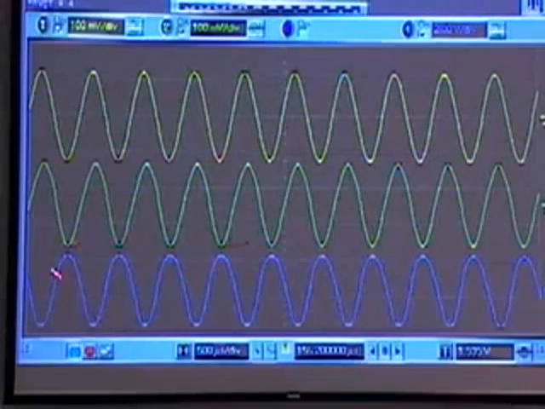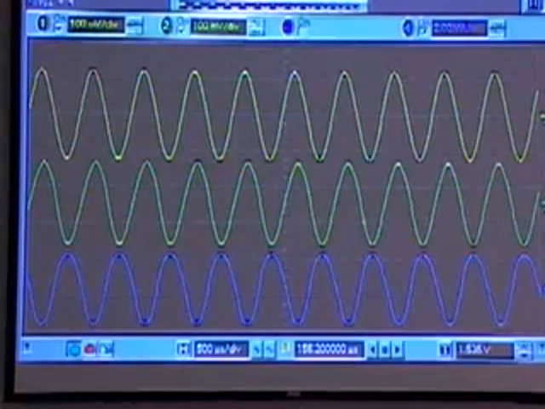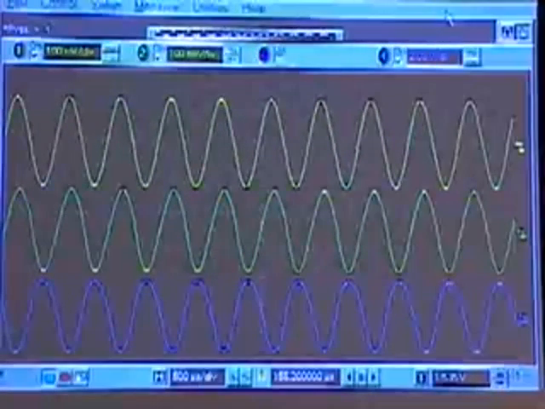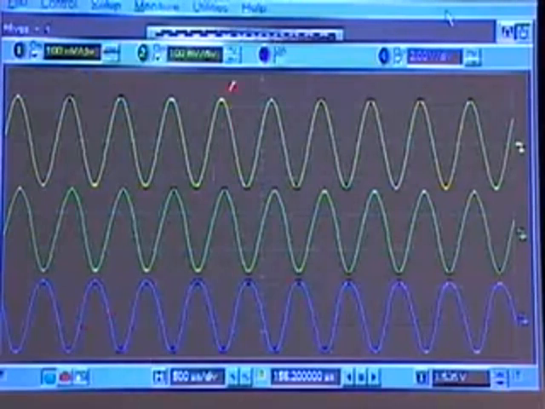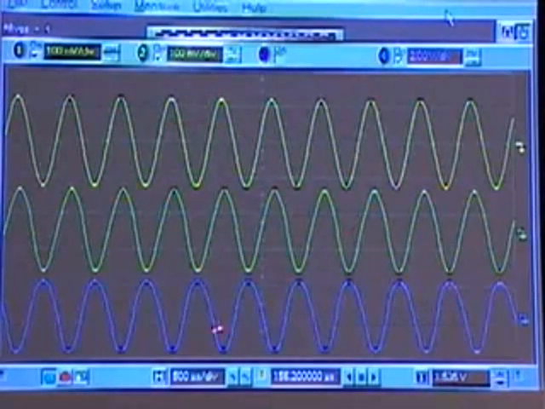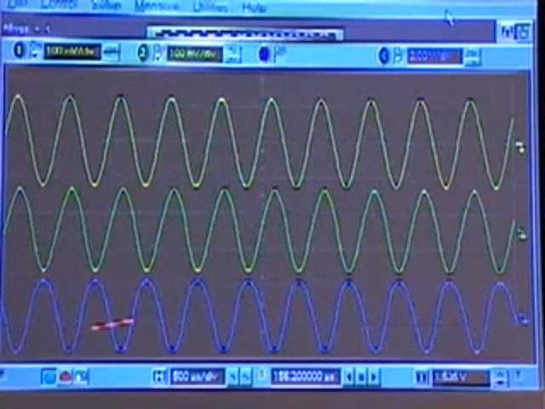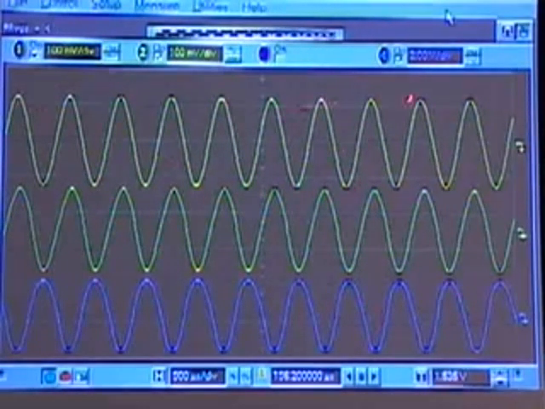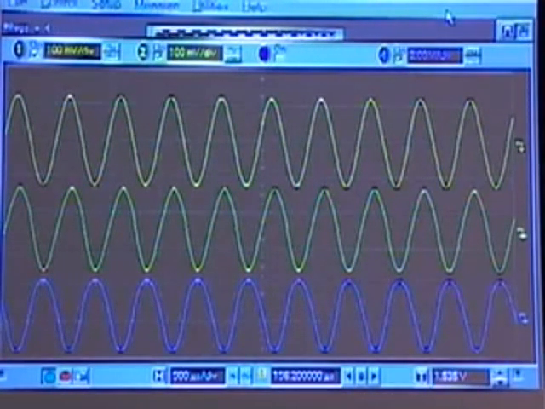And then you see the blue, which is the output here. For now, simply focus on the yellow and the blue. The yellow is the input, and the blue is the output. I apply some input, and I get an output that looks more or less like some linear function of this input here. It's a small signal.